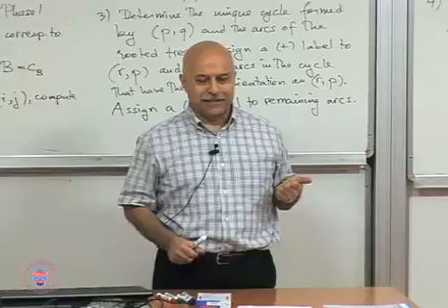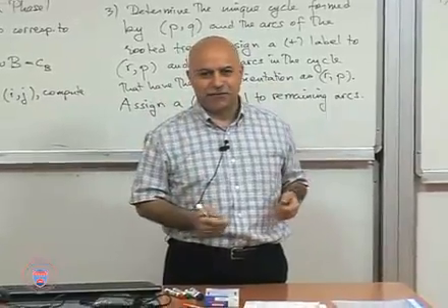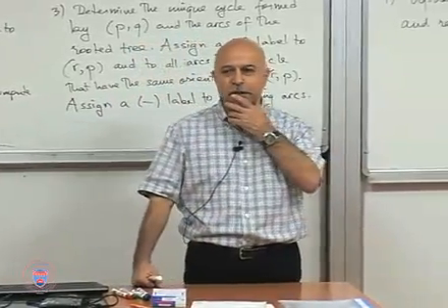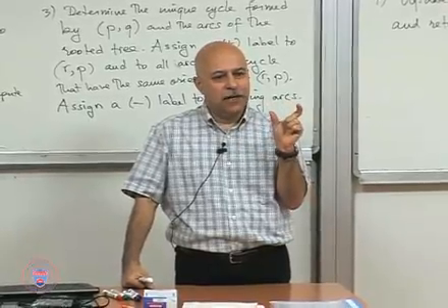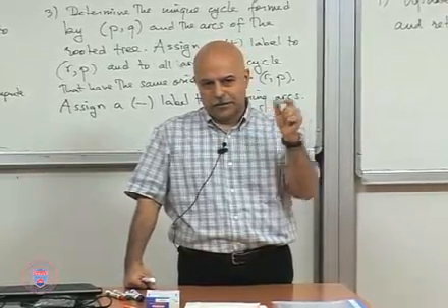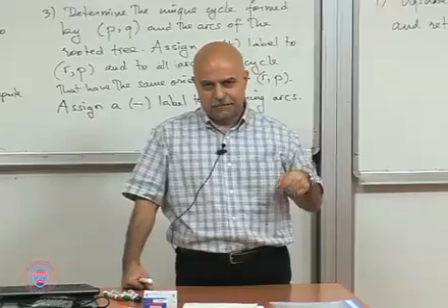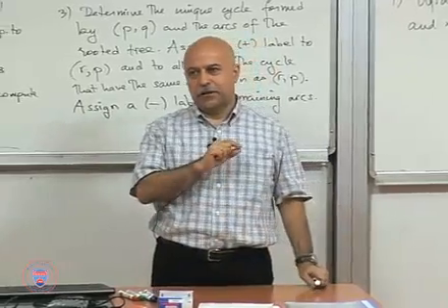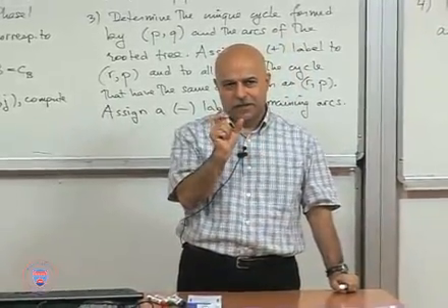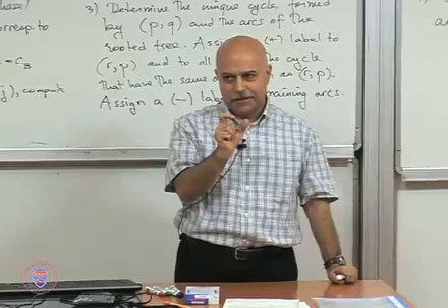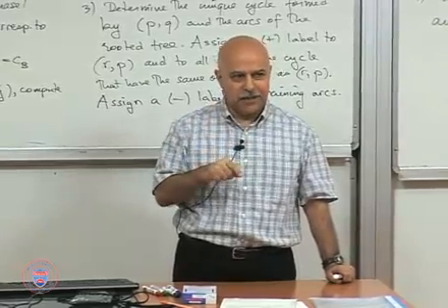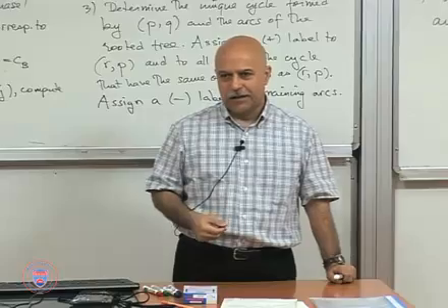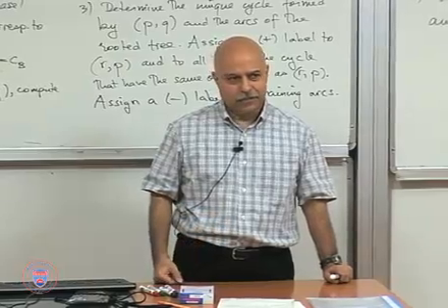The other possibility, this looks complicated, so it's easier to say this all in words. The other possibility is the entering arc is at the upper bound, in which case you're trying to decrease it. In that case, since you're going to decrease it, it receives a minus label. Okay? And all the arcs of the same orientation in the cycle are also marked as minus.